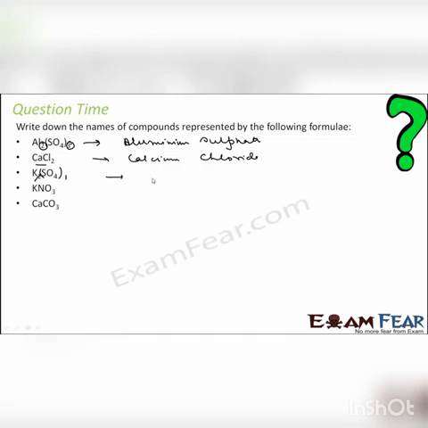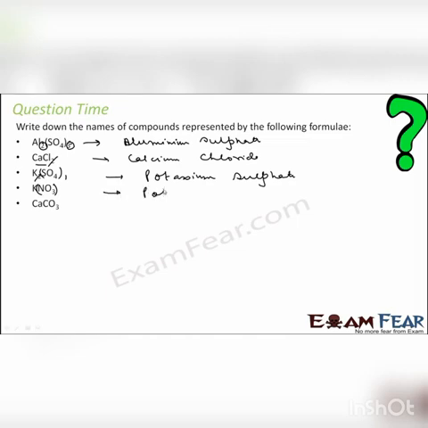K is what? Potassium. And why are we not worried about these numbers? Because these numbers have been taken care of by valency. And SO4 is again sulfate. Here again NO3 is a polyatomic ion.